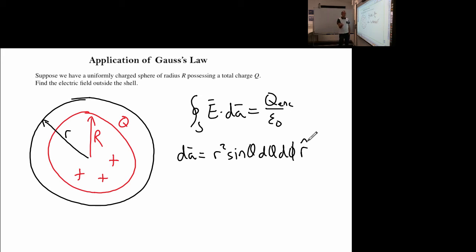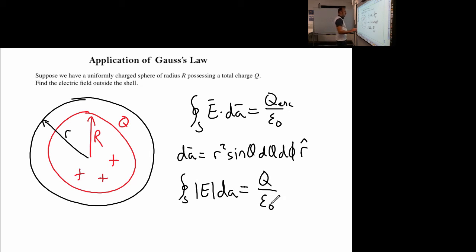You see that the electric field, since we have a sphere, is also going to be in the r hat direction. Okay, so our dot product is going to cancel out, and what we now obtain is the integral of the magnitude of our electric field over the surface is equal to the total charge enclosed, which is q over epsilon naught.